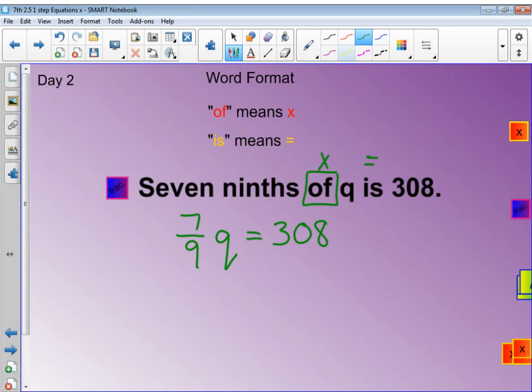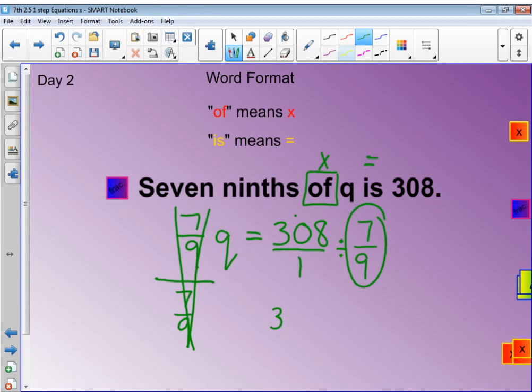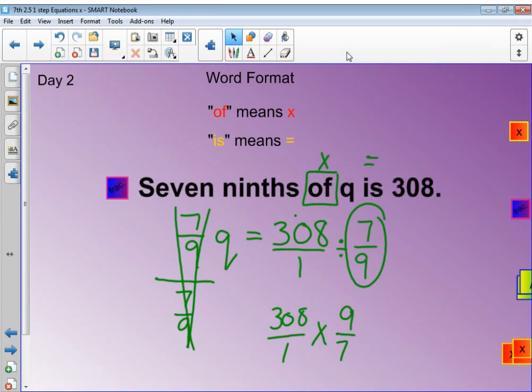Okay, and then we would solve just like we did on the previous page. So right now it's times 7/9. We would divide by 7/9 to cancel it out. So now I have 308 over 1 divided by 7/9. So I'm going to change to multiplication, and I'm going to flip to 9 over 7. Now, I'm not sure if 7 will go into 308 evenly, so this is a quick check that I do because 308 is pretty big.